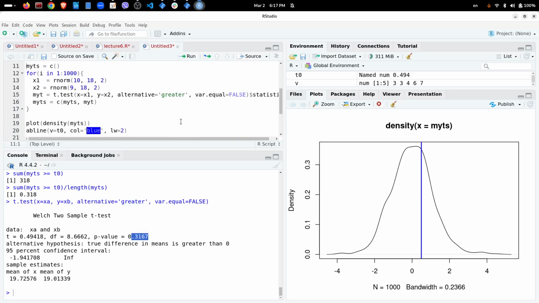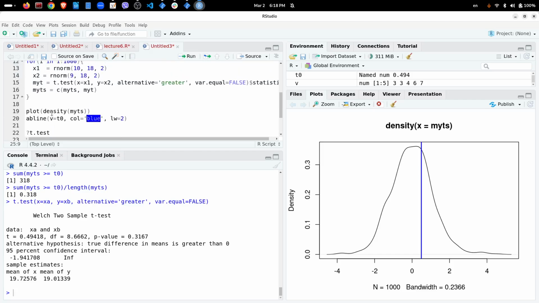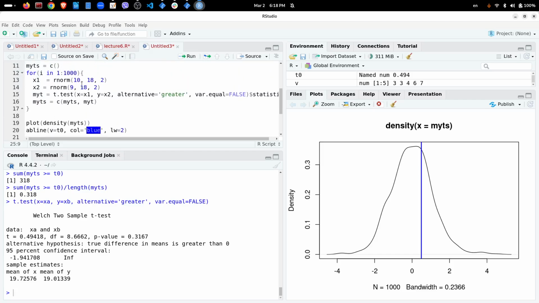So how did I get the p-value here in this way? Here I ask, okay, these t's are coming from the null distribution because they have been generated under a scenario where x1 and x2 are coming from the same distribution.